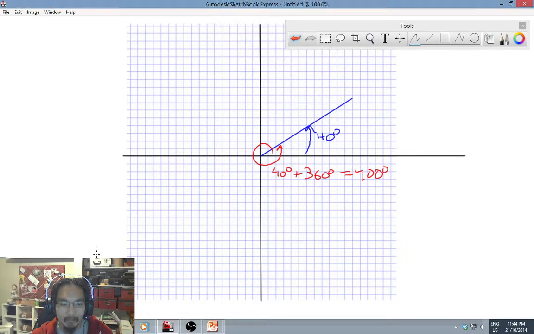Another possible coterminal angle, what if I go backwards? Backwards this way. Well, this green one is going to be negative 90, negative 180, negative 270, and all the way to here.